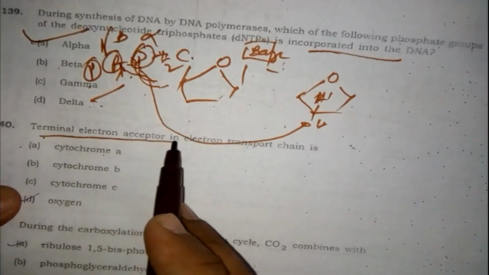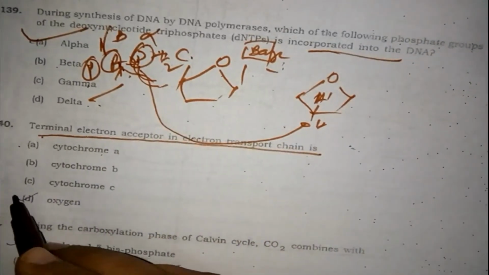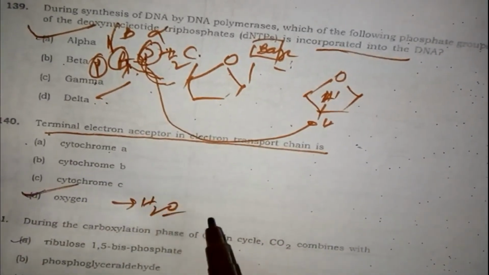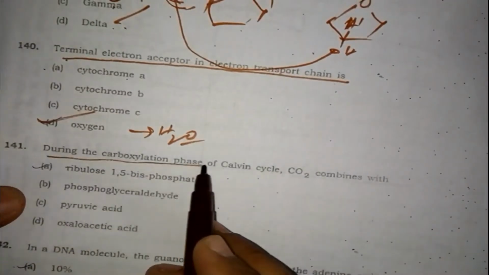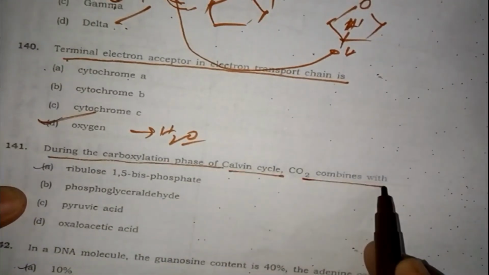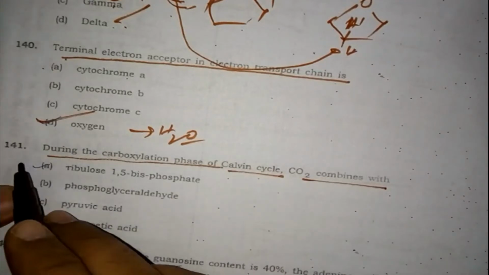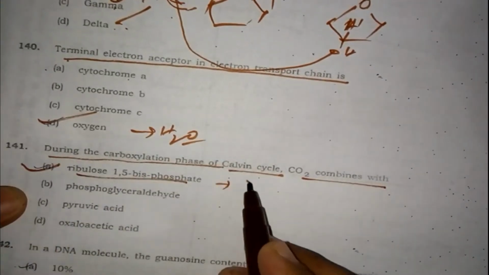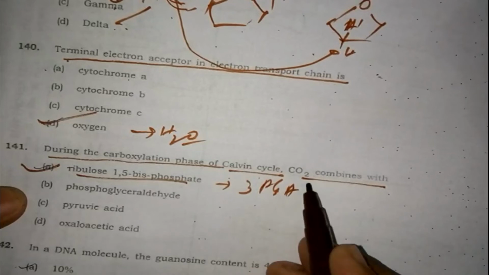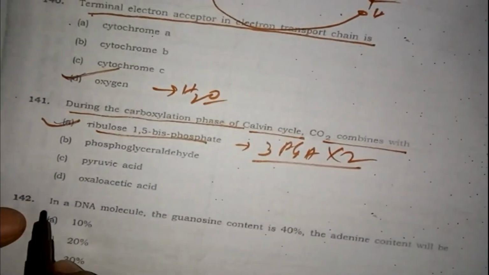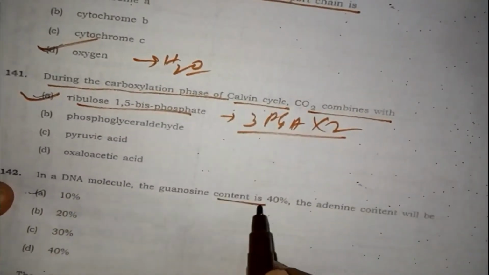Next question, terminal electron acceptor in the electron transport chain: oxygen, to form water. During the carboxylation phase of the Calvin cycle, CO2 combines with RuBP, ribulose 1,5-bisphosphate, to form 2 molecules of phosphoglyceric acid. In a DNA molecule, the guanine content is 40%.